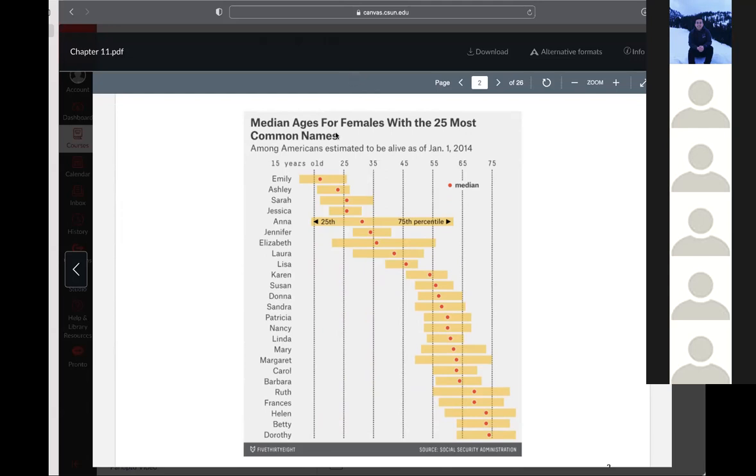If you go to every hospital in the world, you're going to find babies just born whose names are Emily or Ashley or Sarah or Jessica. So these names go all the way to the extremes, there's just not as many. We're only coloring in the middle 50%, but there's still 25% younger and 25% older.